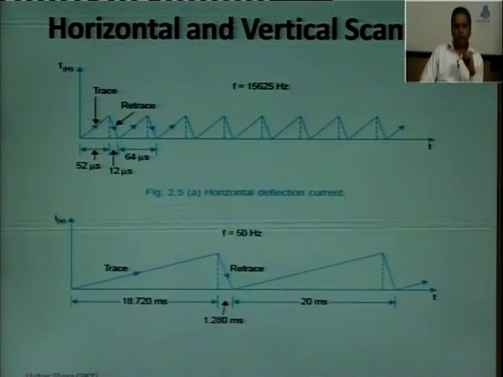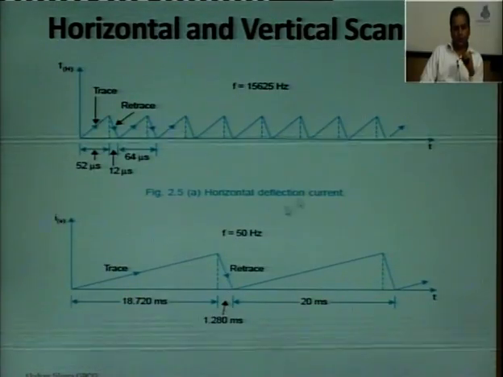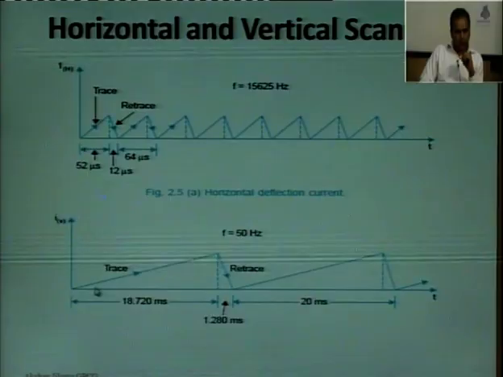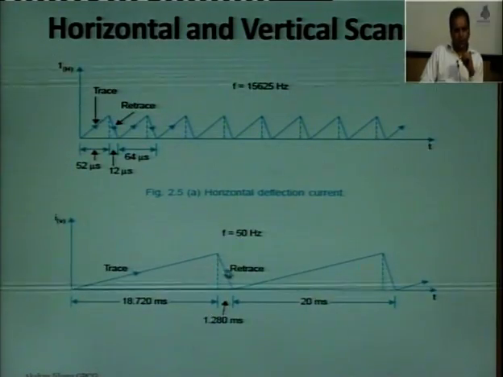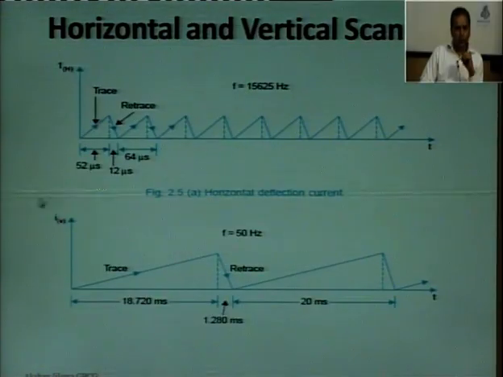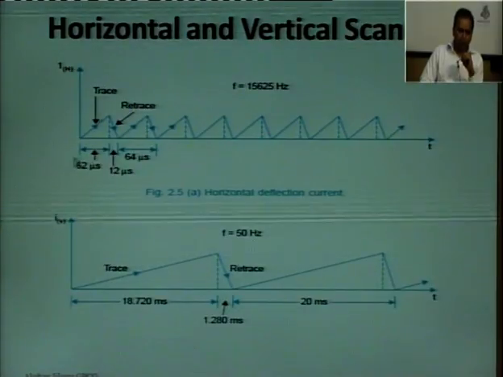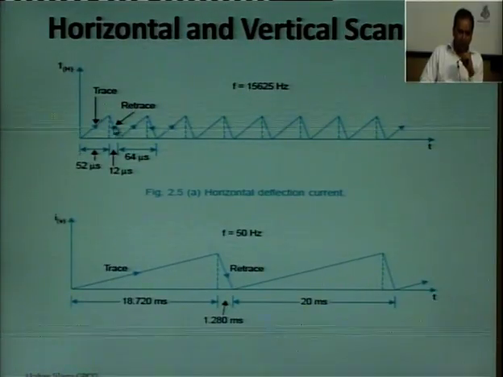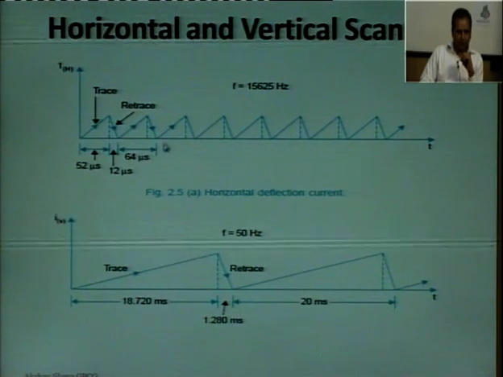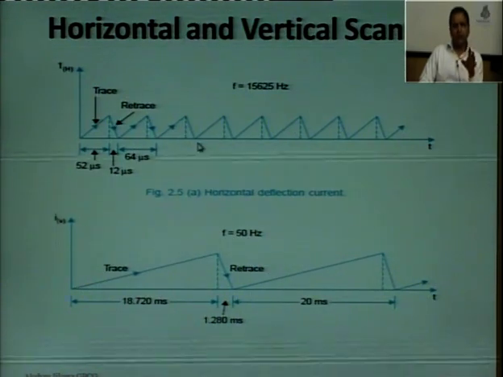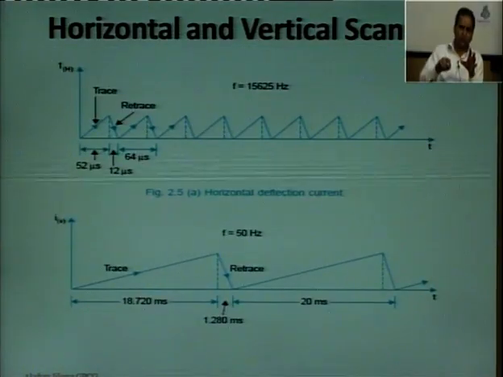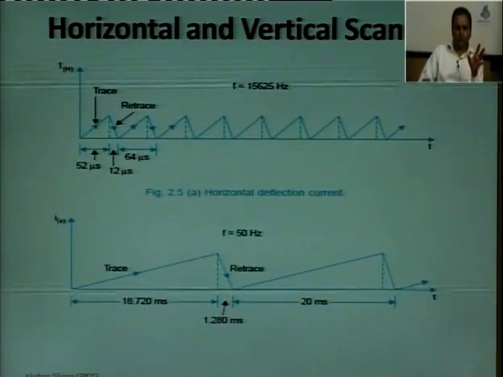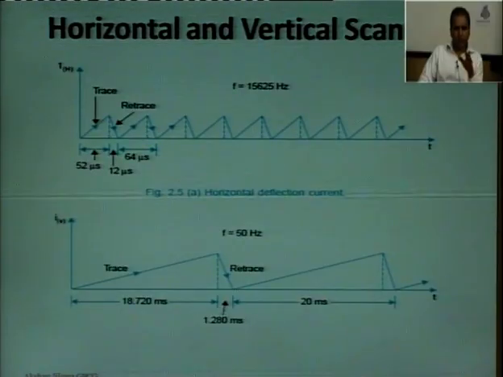Taking horizontal and vertical deflection scanning together, the current is increasing in the vertical deflection coil here and decreasing here. When current is increasing in the vertical deflection coil, in the horizontal deflection coil it is rising and falling, rising and falling. So, in one vertical trace, there will be a number of horizontal trace and retrace periods.